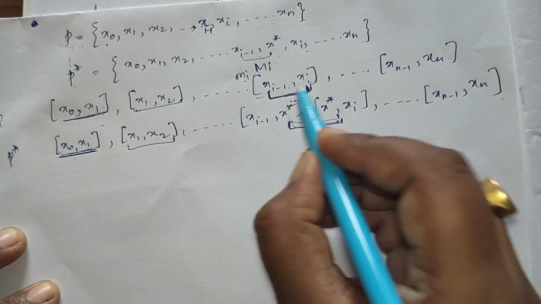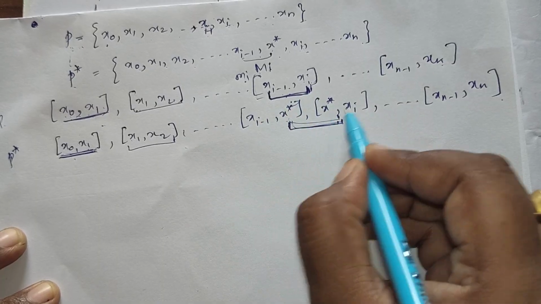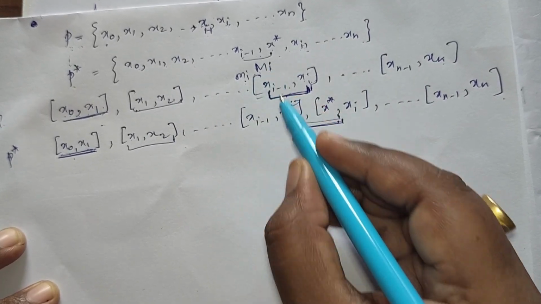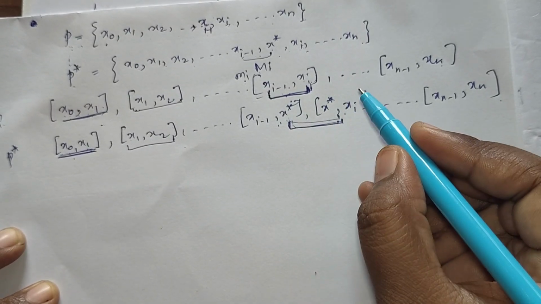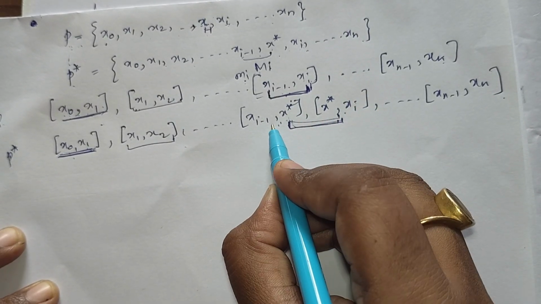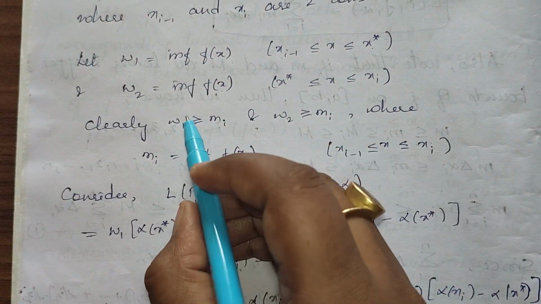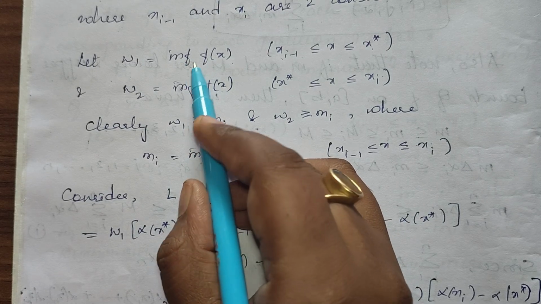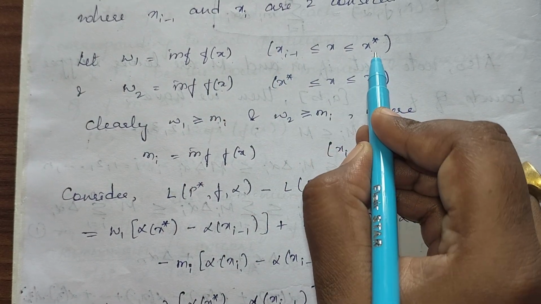But here we have split this interval into two. So now we don't have this to be the infimum and supremum of this or this. So we are taking the new infimum and supremum for this interval as well as this interval. Okay, so here let w1 be the infimum of f of x in this particular interval, that is x i minus 1 comma x star.